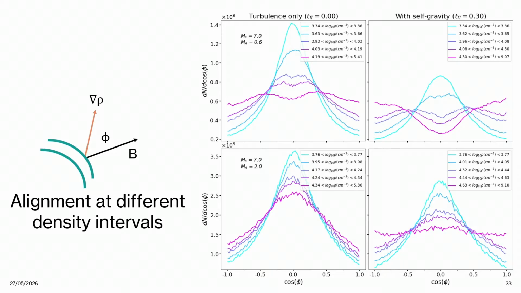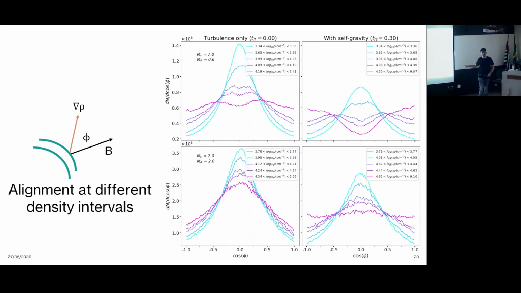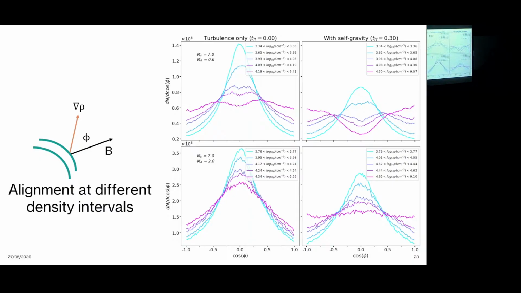And we can see that as it collapses, for the dense regions, which are these purple histograms here, the wings start to rise, which means that we have this concentration of perpendicular structures, which is still present in the super-Alfvénic case. So even if the magnetic field is not strong at the beginning, at the end, with the collapse, it will become important, especially in the denser regions.